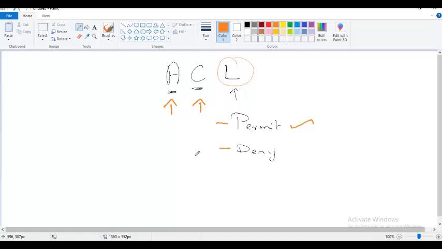So here we see, without you buying a firewall, your router is doing the job of a firewall. That doesn't mean that you should not buy a firewall. Firewalls can do a lot of big stuff which a router cannot do.